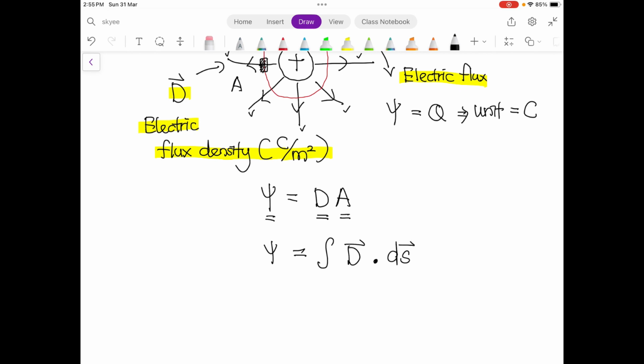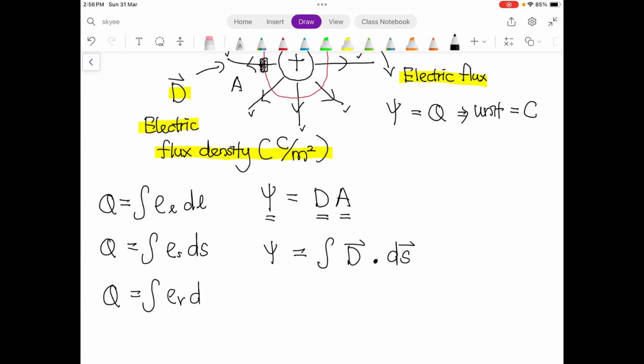This concept is a little bit similar to the integrations we used before when we wanted to find Q from the line charge. If you want to find Q from the surface charge, you do this, and if you want to find Q from the volume charge density, you do this. So this is quite similar to the cases of finding Q: you use integration to find the electric flux coming up from the surface.